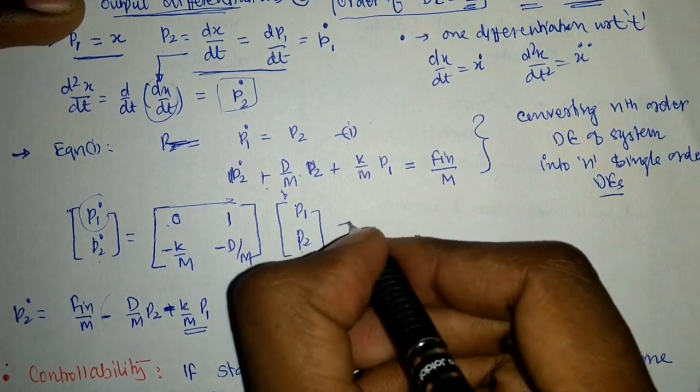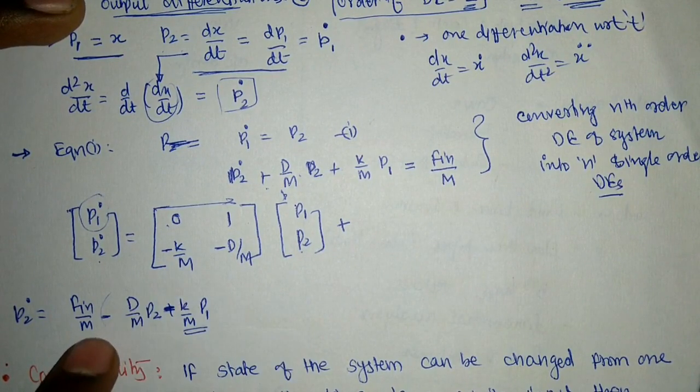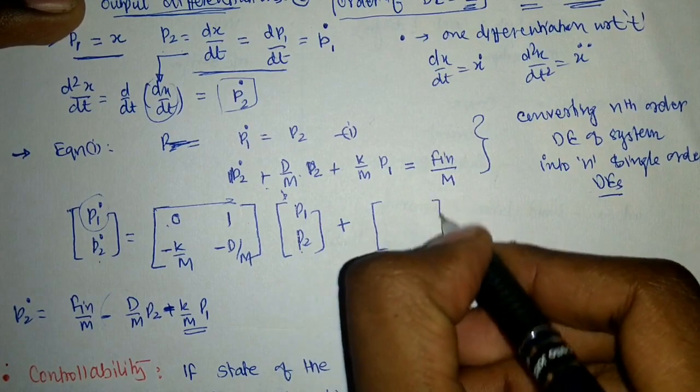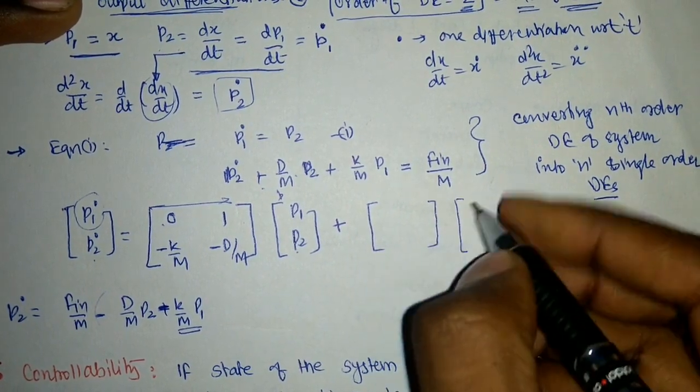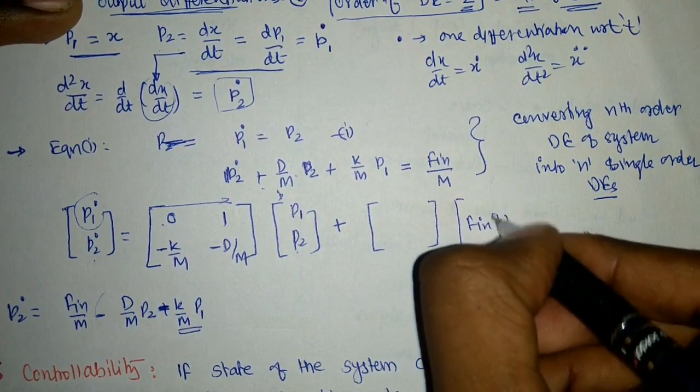But the representation is still not complete because we have written only these two values. This value is still remaining, so we will be writing another matrix over here, and the coefficients are already decided as our input value, that is our F in t.